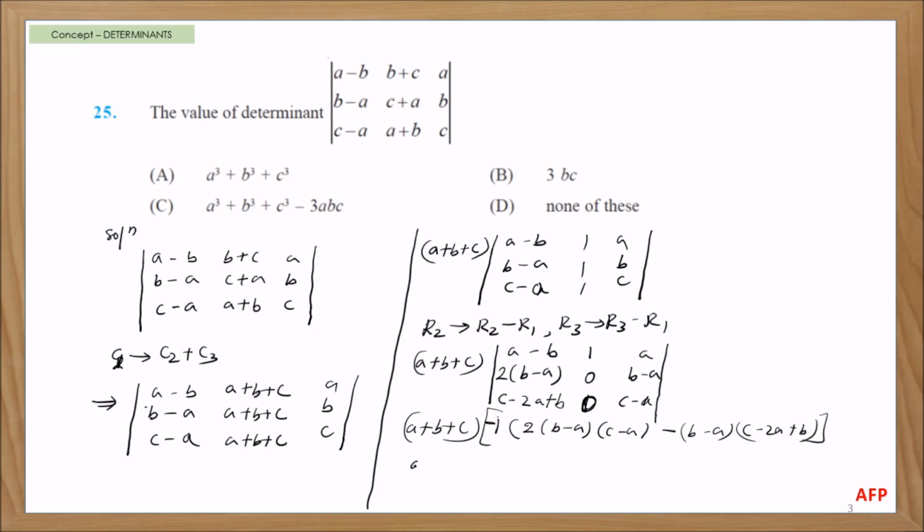So a plus b plus c into, minus you can take b minus common. Here 2 is there, so you can multiply it inside, and multiply the minus sign also inside.